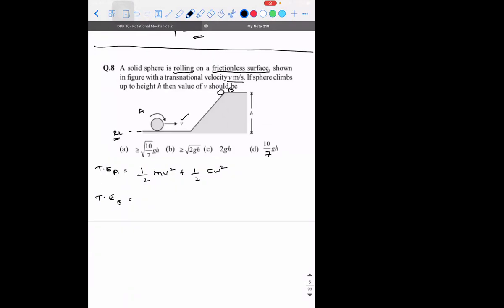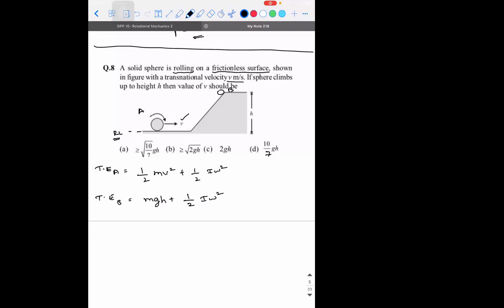Is it only mgh? Plus the object is still rolling, no? Plus half I omega square. Does it make sense? Are you able to understand? So initially it had translational and rotational kinetic energy, and that got converted to mgh plus half I omega square.